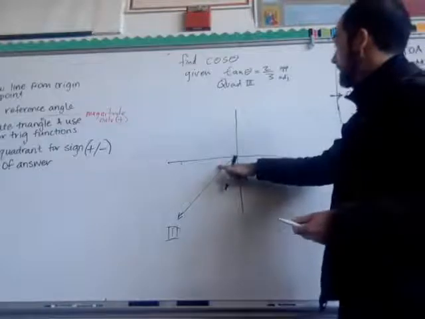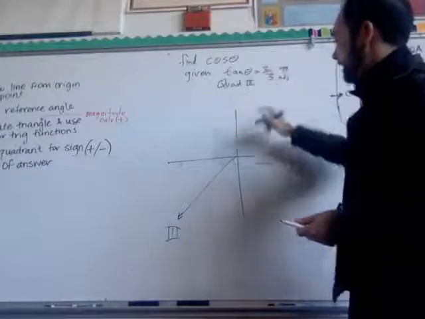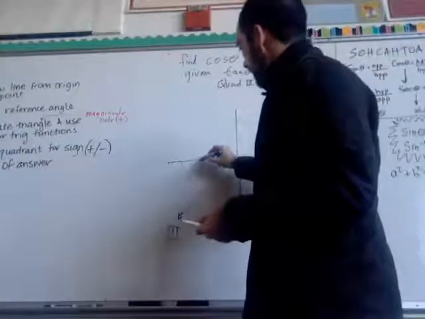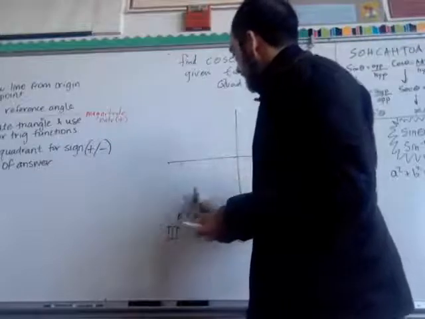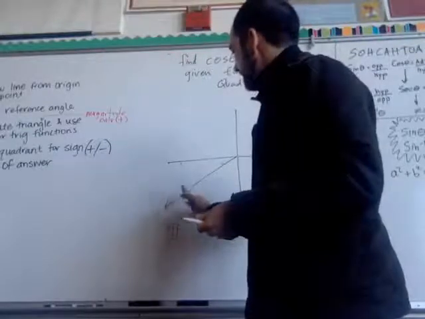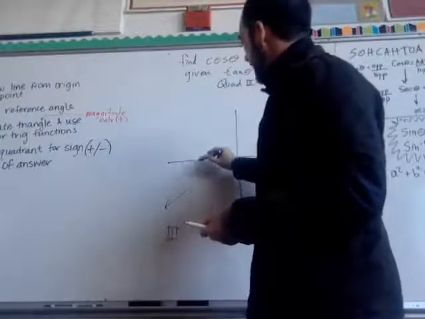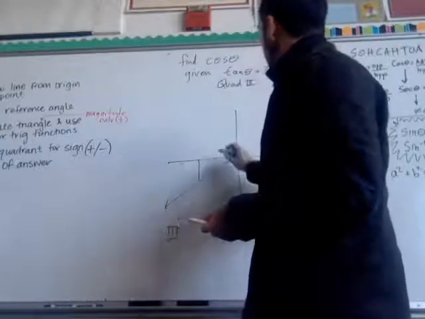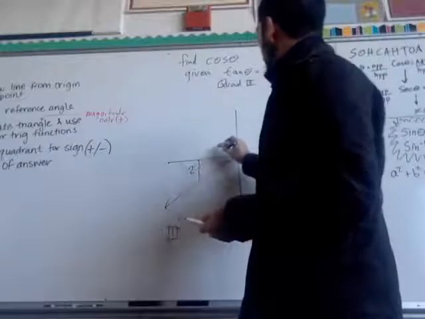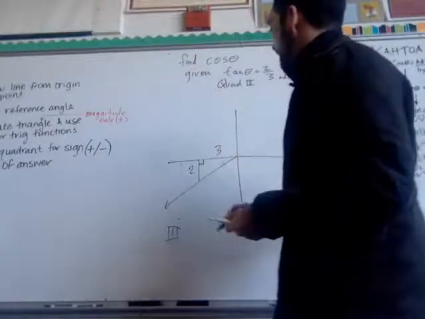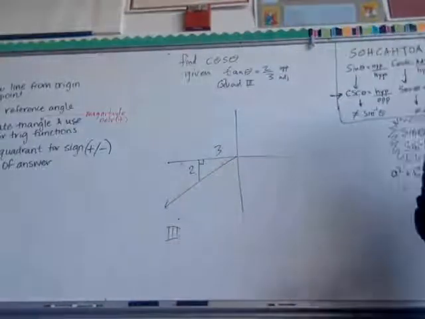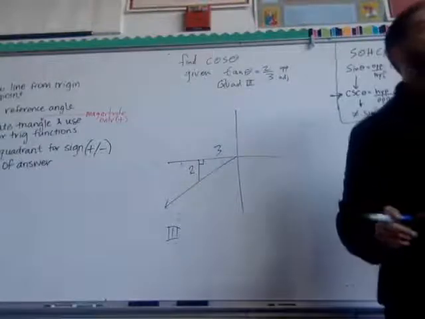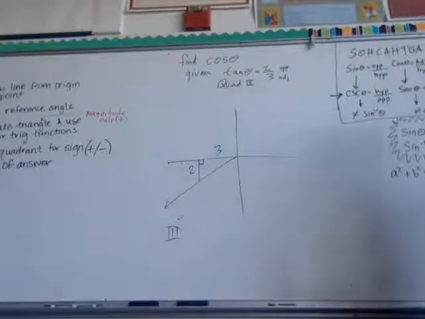In comparison to this, it said the opposite was 2, the adjacent was 3. So I'm going to move it a little bit that way, and we'll have this. The opposite is 2. The adjacent is 3. Here's my right angle. That's my theta. What side are we missing? The hypotenuse.